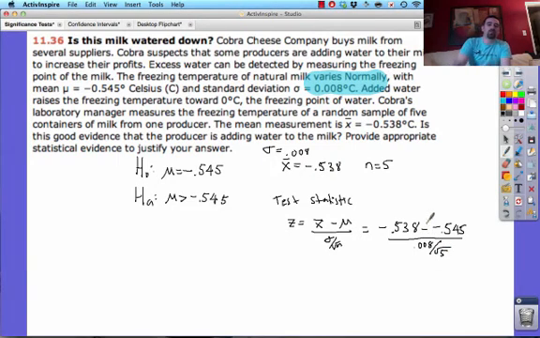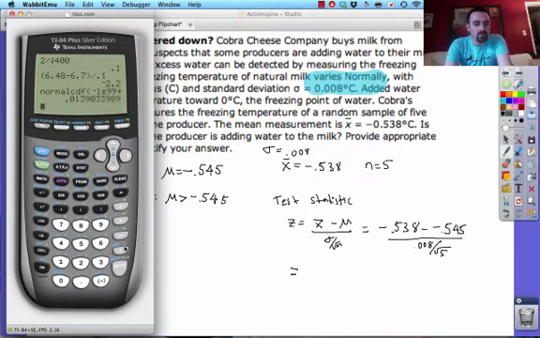Before we go any further, I just want to make a point that the sample mean is larger, closer to 0, than the population mean. What we're trying to show here is, is it large enough so that we would not be able to attribute that to chance alone? What do we get for a z-score?